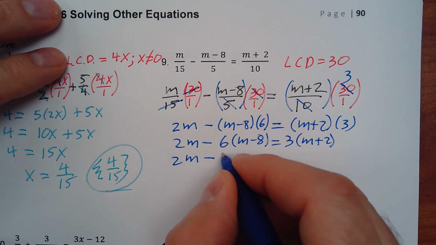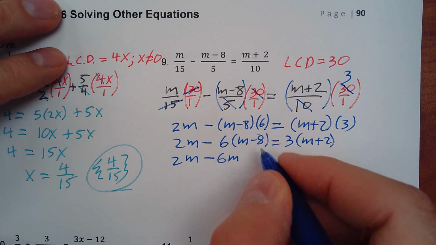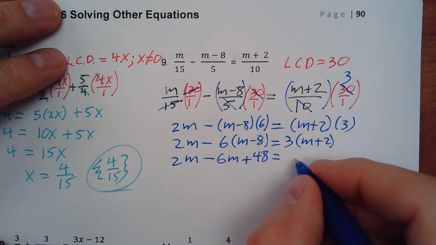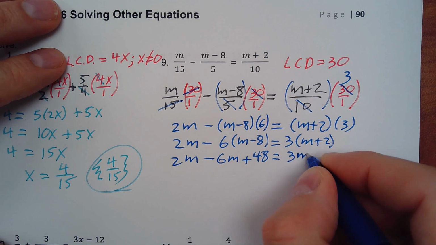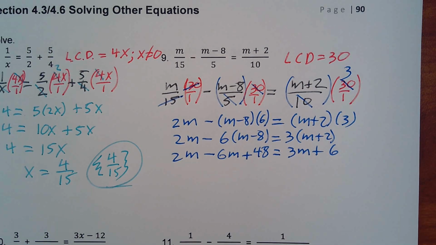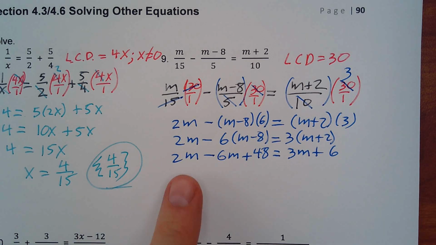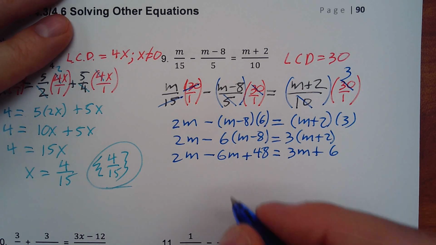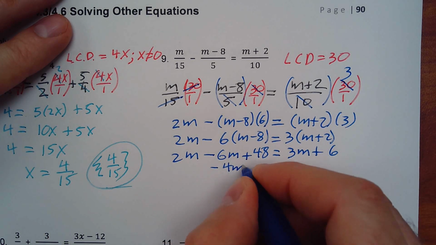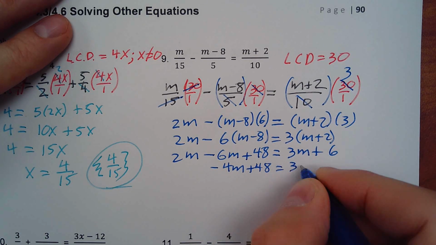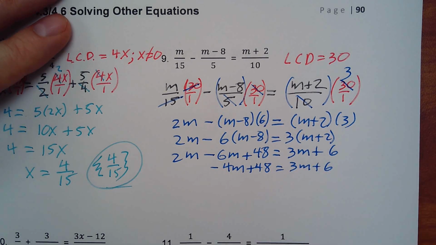So that's going to be a negative 6m. Negative times negative is a positive 48. Distribute 3, that's 3m plus 6. Combining 2m minus 6m is negative 4m. So that's a negative 4m plus 48 equals 3m plus 6.